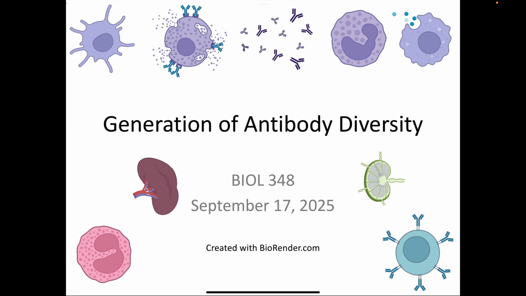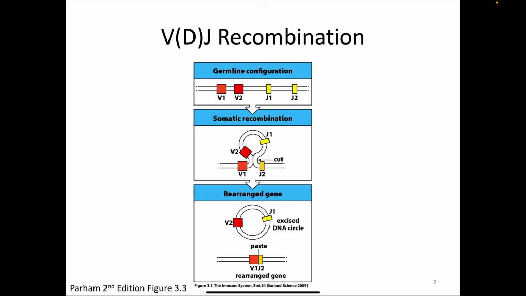So today we're going to continue talking about the process of generating antibody diversity, AKA VDJ recombination, that we started on Monday. And so here, if you remember, is our overall process of VDJ recombination. We have our mini gene segments.